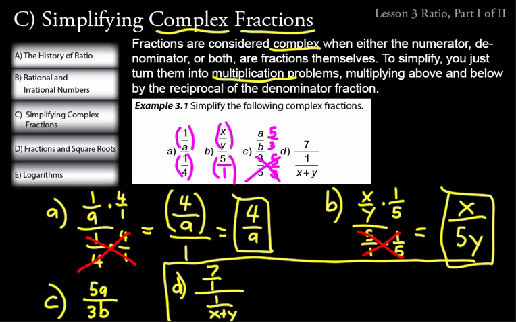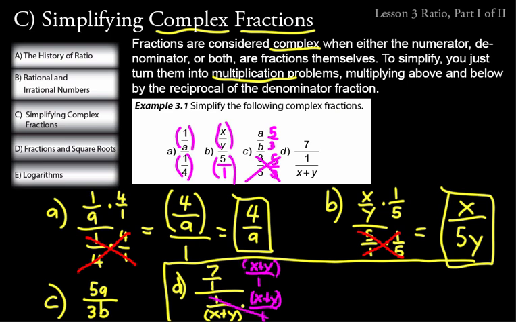So we've got a sum there, 1 over x plus y. That's okay. We could put that in parentheses, just kind of keep up with the sum there, and multiply above and below by x plus y over 1.